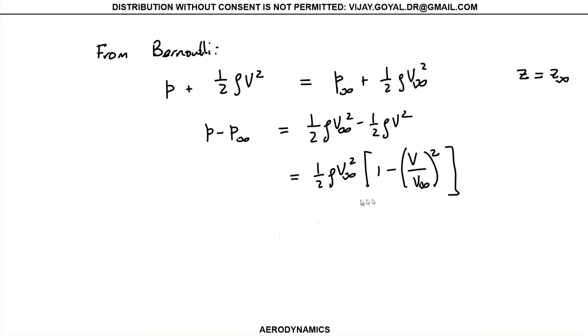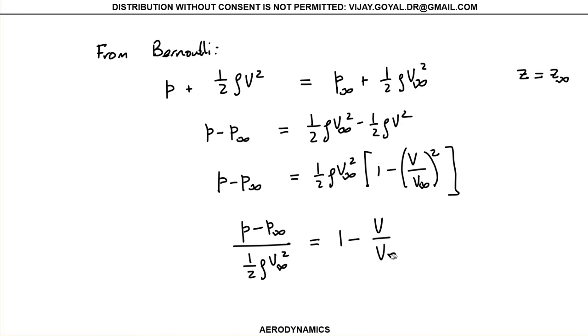Now I could divide both sides by the dynamic pressure, and that would give you (P minus P infinite) divided by 1/2 rho V infinite squared, which is the same as 1 minus V squared over V infinite squared. This quantity is called the pressure coefficient.